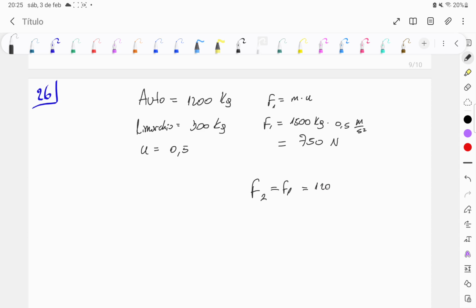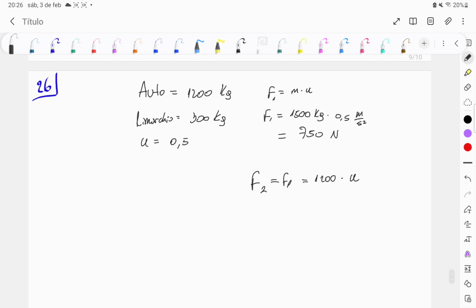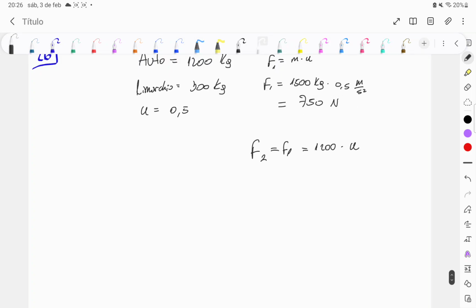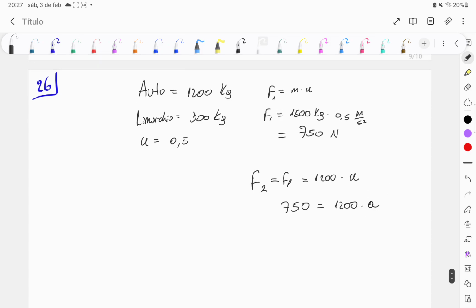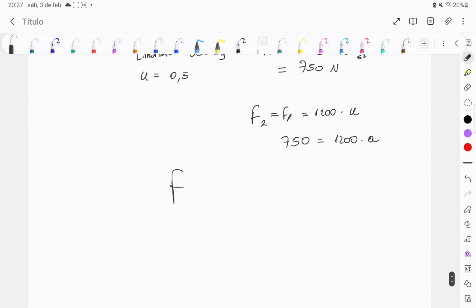Now it's only 1,200, and the acceleration is what we don't know. So we put it, how much was the force? If it doesn't change, it's 750. It's equal to 1200 times a. So the force is the same, the mass is less, then the acceleration, what has to happen? I'm going to prove it to you mathematically.